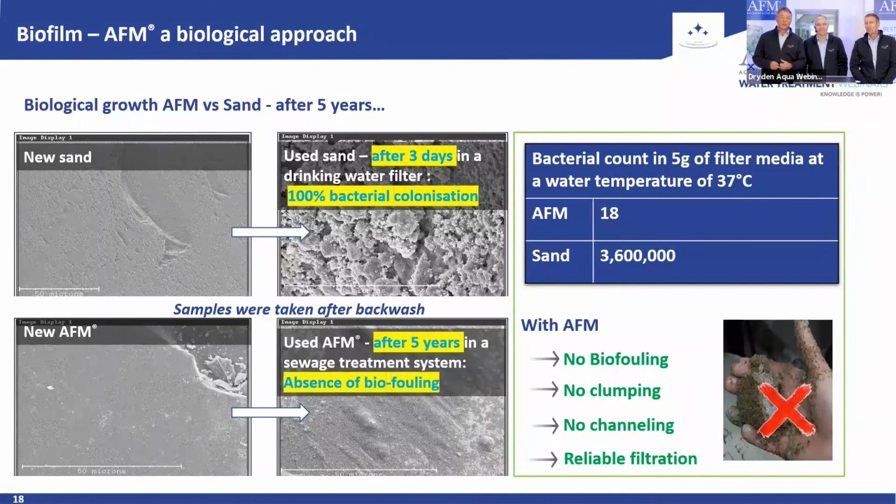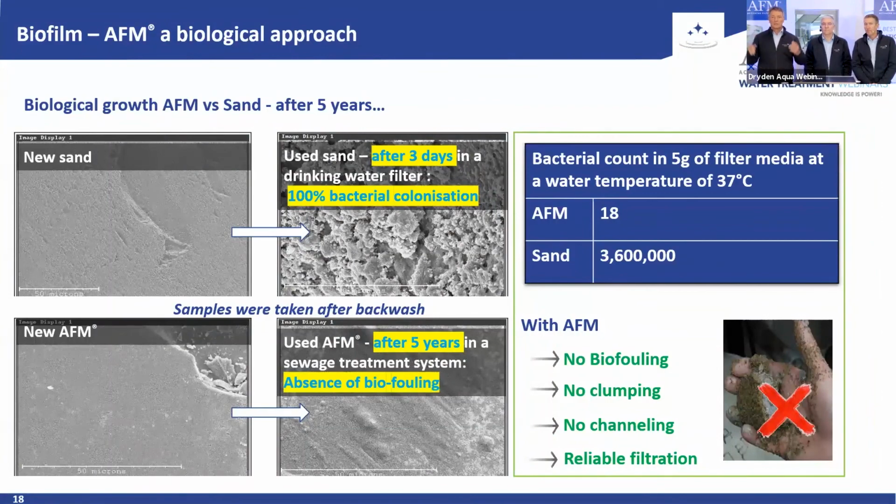Now your engineers will ask, can you measure the hydroxyl radicals? No, you can't. But we can do what one of our customers in New Zealand did a couple of years ago. He ran one system, I think it was a drinking water system, with one filter with AFM and exactly the same filter with sand. He operated them for 6 or 9 months.